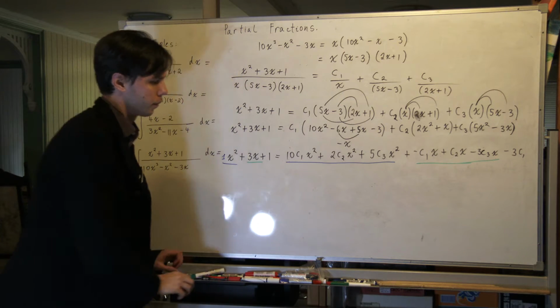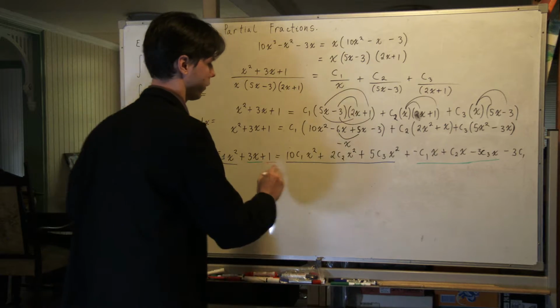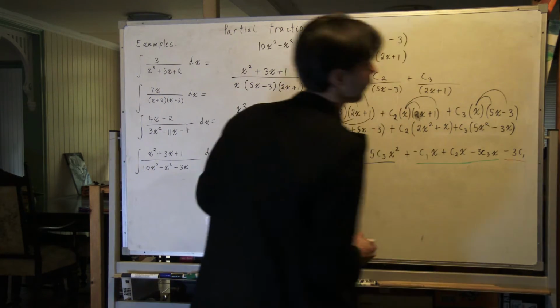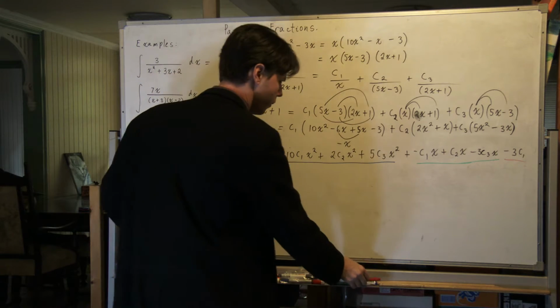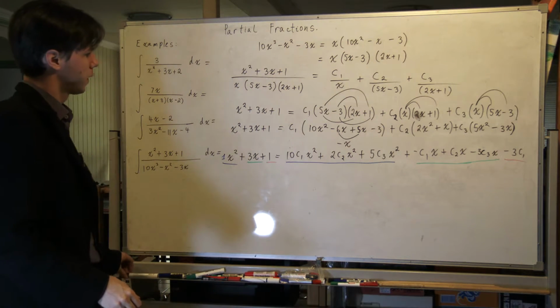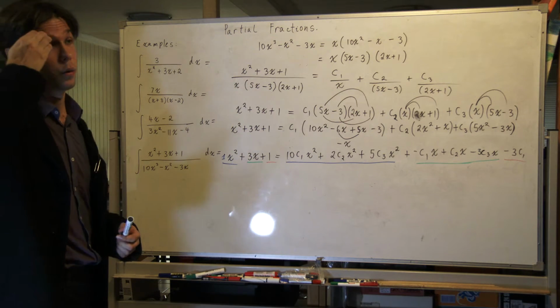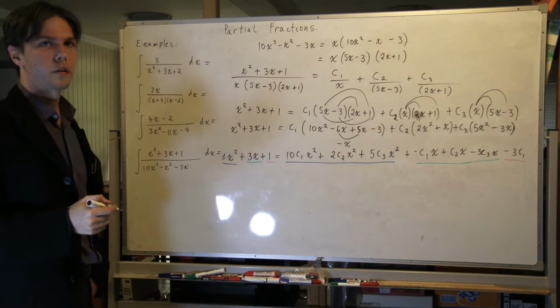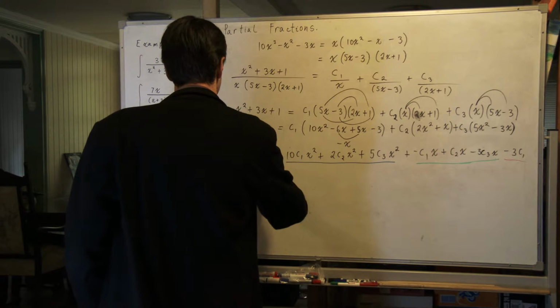And then we have constant term on the left, constant term on the right. Right. So this gives us 3 equations. The first equation is the quadratic stuff.